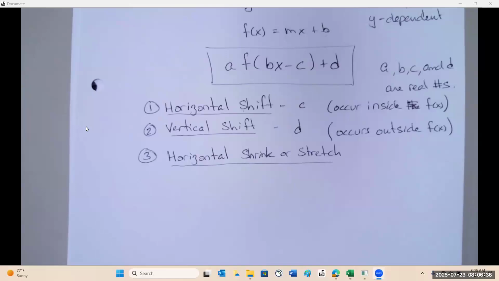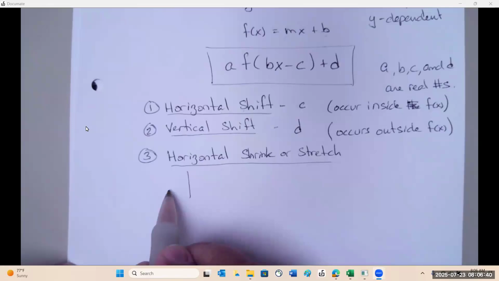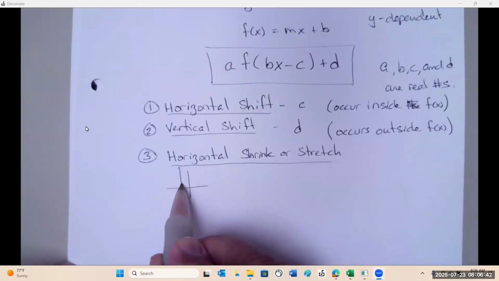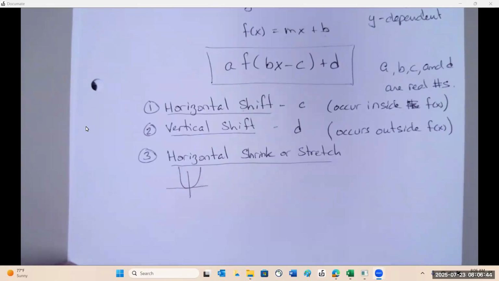Horizontal shrink or stretch? Well, what it means is this. Let's say we had this function. What is that function? What's the equation? What is it? It's x squared.